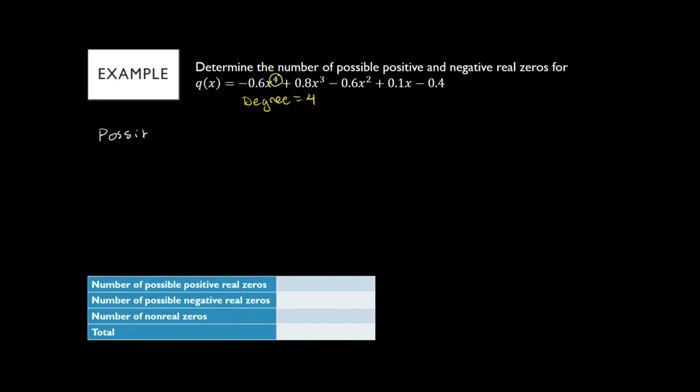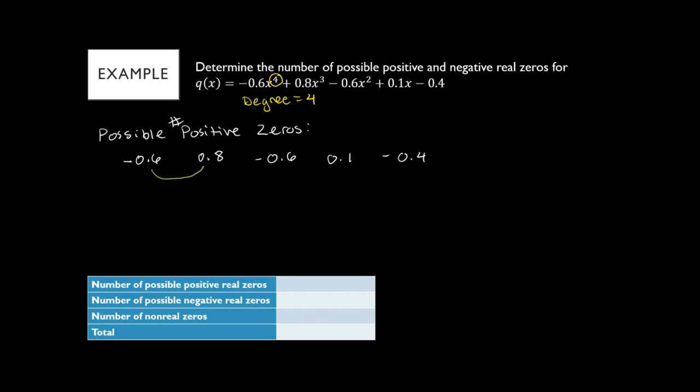So we have possible number of positive zeros. So just look at the coefficients. I've got a negative 0.6, 0.8, negative 0.6, 0.1, negative 0.4.